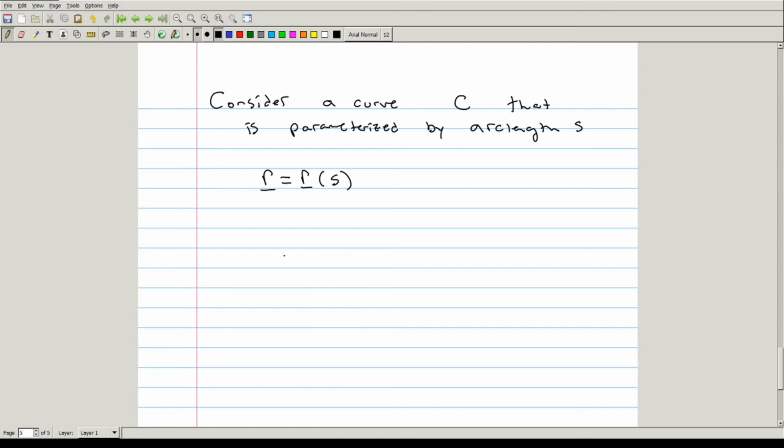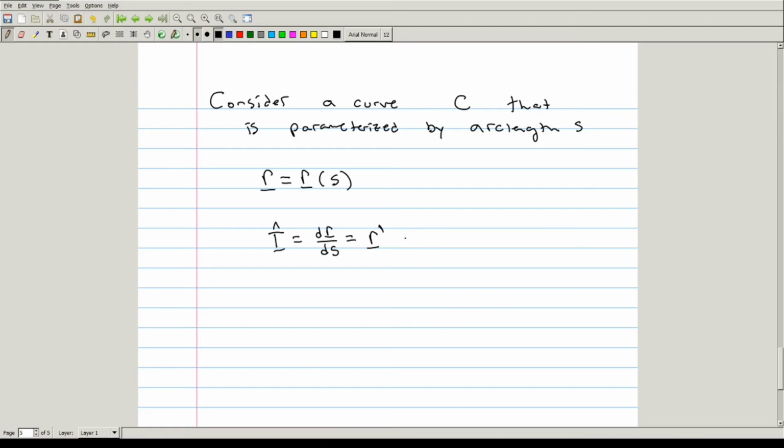Recall that we've calculated and shown that the unit tangent vector t is just equal to the s derivative of position, or the derivative of position with respect to arc length along the curve, and we'll use the prime notation to simplify this. So prime in this case is going to mean derivative with respect to s, just to simplify calculations.